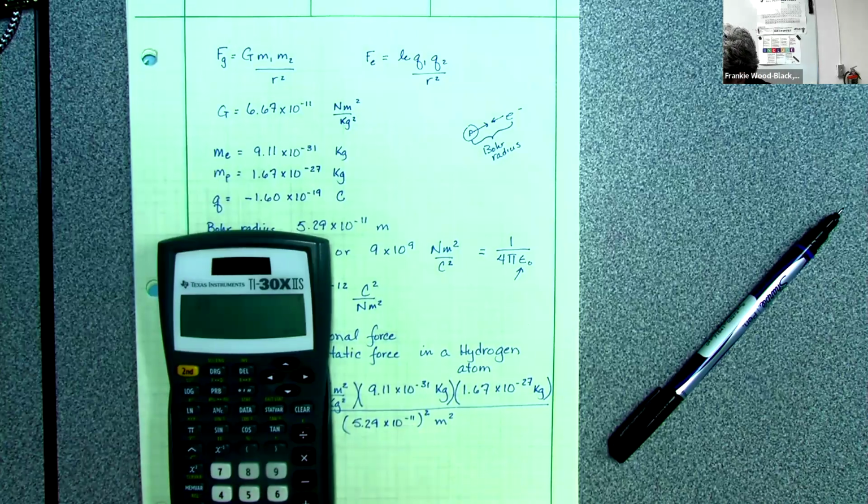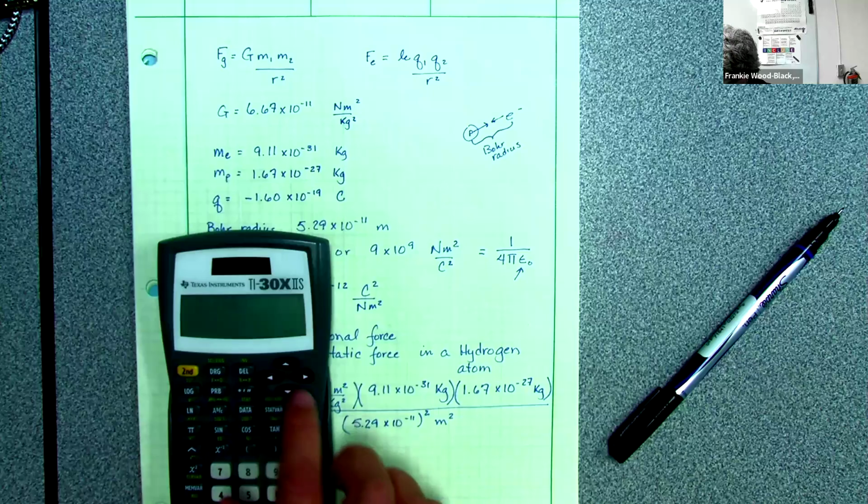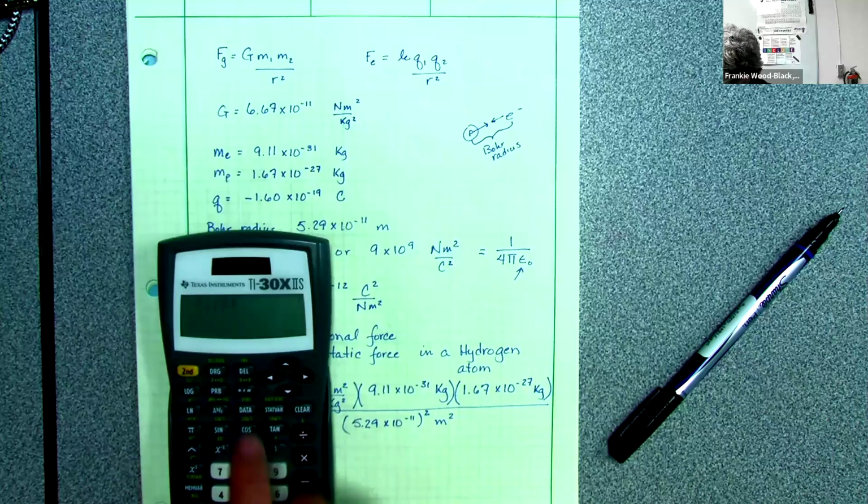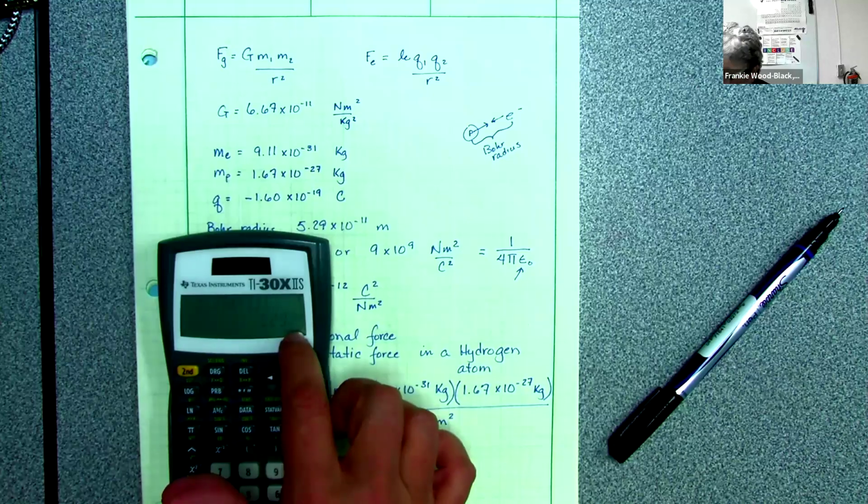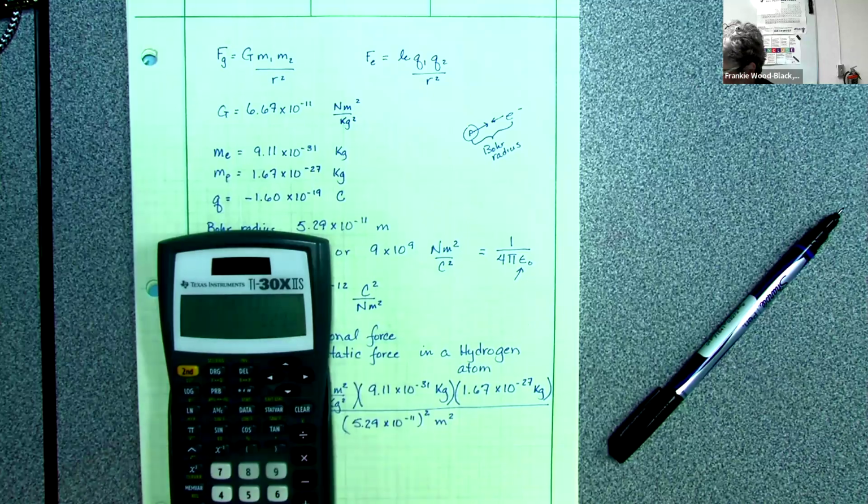So I'm going to do my 5.29. I'm going to clear that one, 5.29. I'm going to use my exponent key on my calculator, and I'm going to put in the minus 11. I'm going to hit enter so I know it's in there. Because sometimes if you don't hit the enter, and depending on what your calculator does, you may be only squaring the 10 to the minus 11.